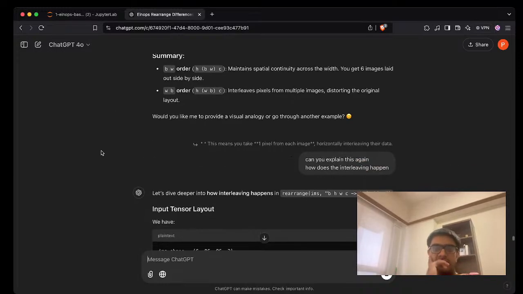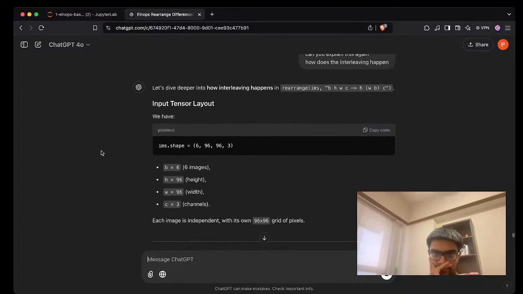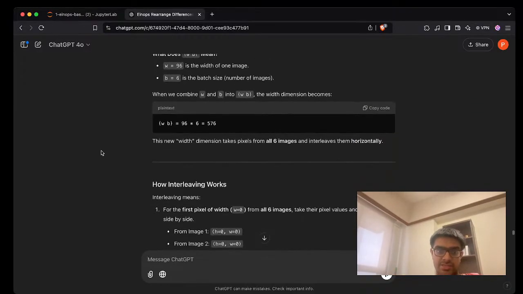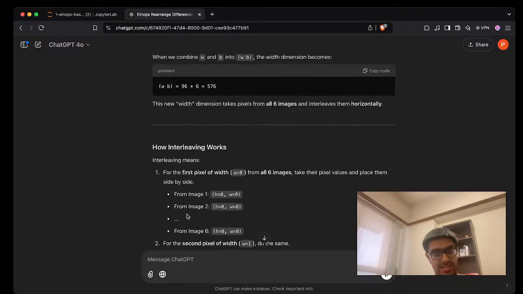So we have this, okay? W is the width of one image, and B is the batch size, right? We get this 96. So for the first pixel of W equals 0 of all images, we take the pixel values and put them side by side.